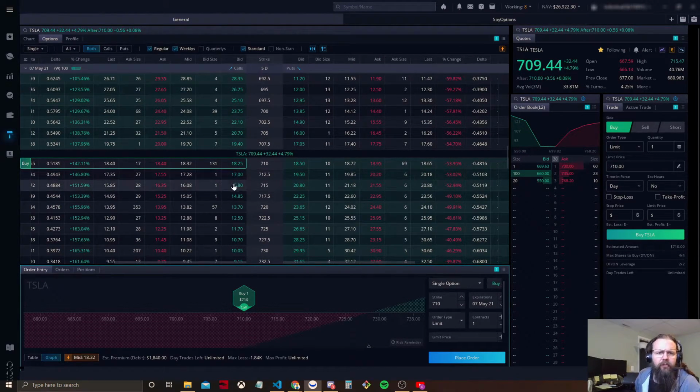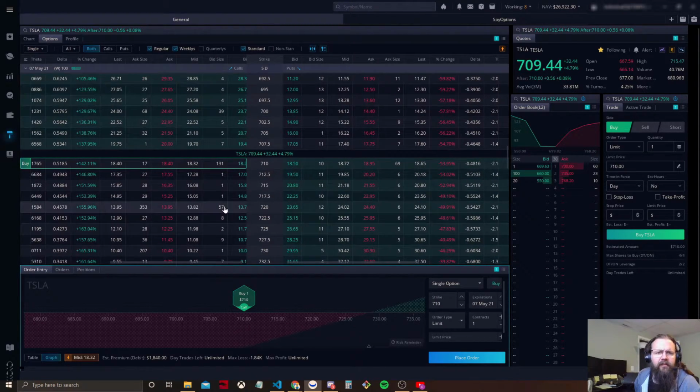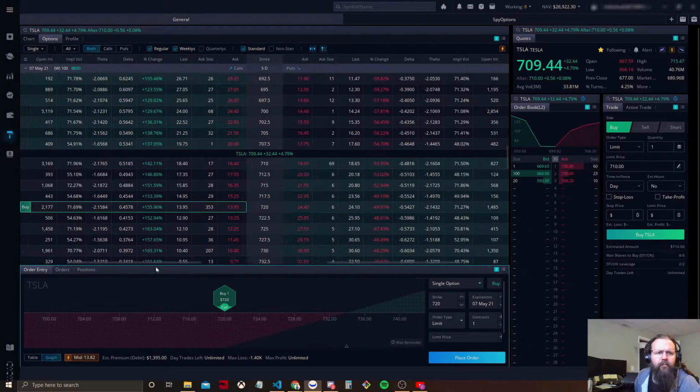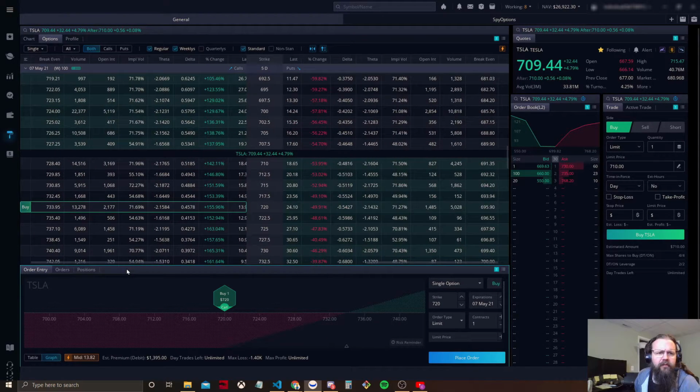Let's go even cheaper. Let's see open interest on this one. It's 2,000, right? This column here.